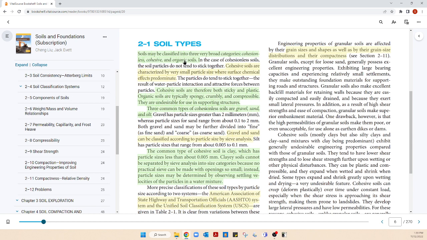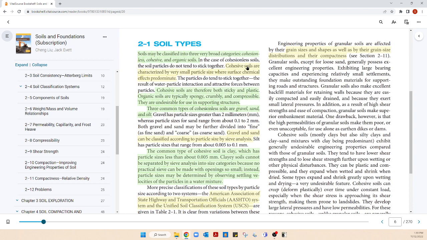And then there's the organic that is not beneficial for any kind of construction use as far as I know. Good for gardens. And cohesionless soils, they don't tend to stick together. That'd be your gravels, your coarse grain. And I want you to understand this because of the terms. You'll be hearing this from this point on and have heard it up to this point.